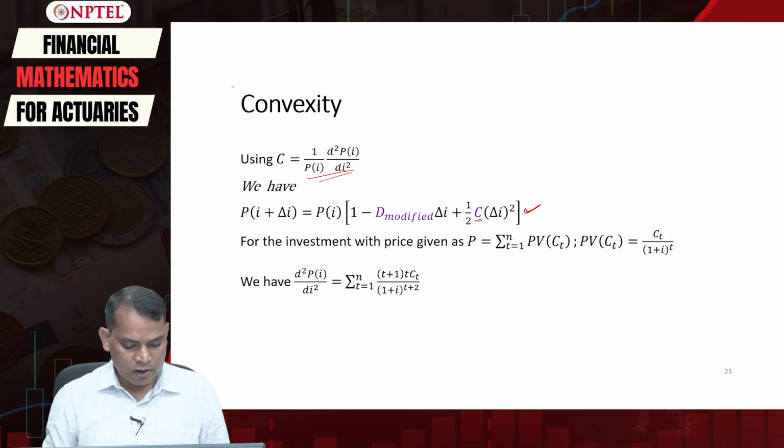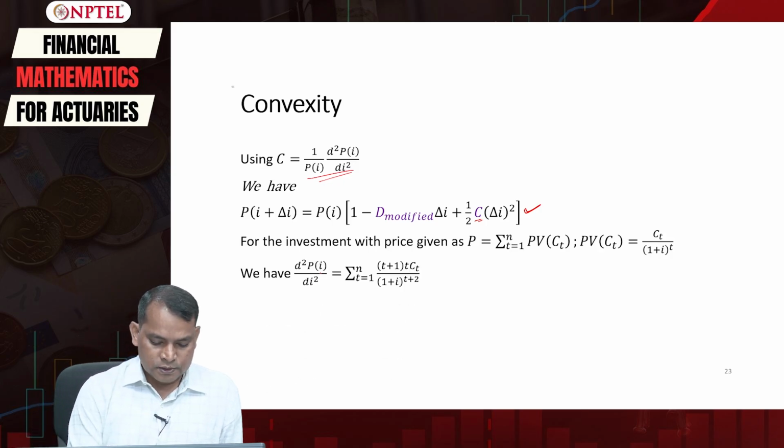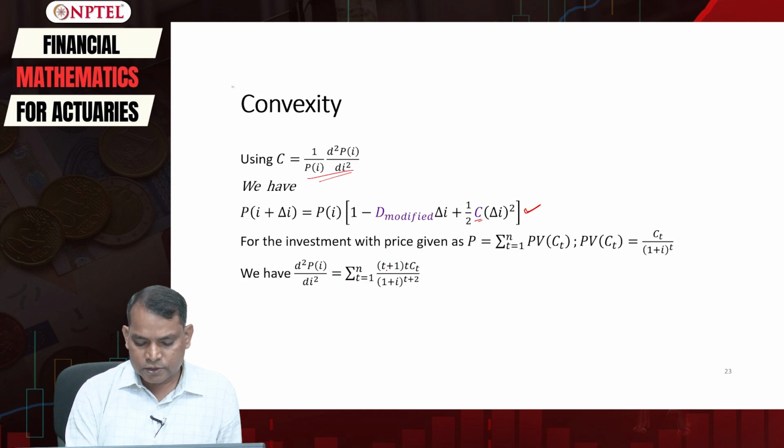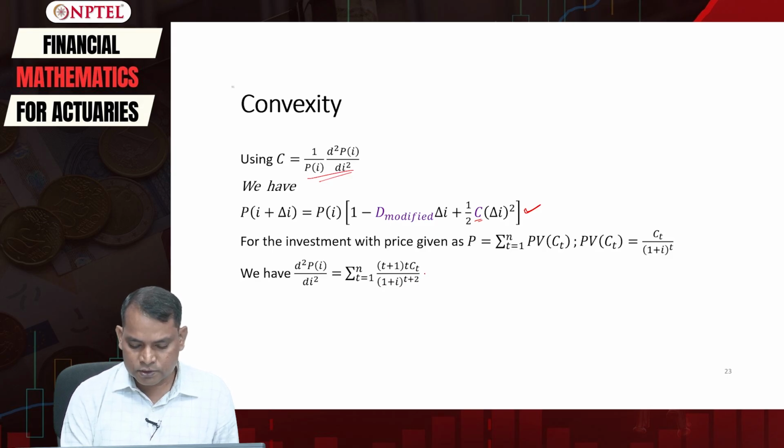We can now write the second derivative of Pi with respect to I as the summation of t plus 1 t Ct upon 1 plus I to the power t plus 2, that is the second derivative of this thing.